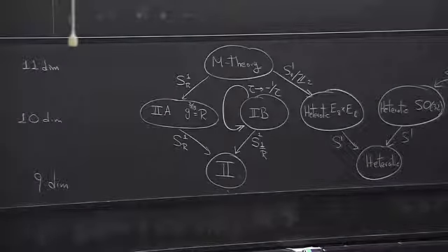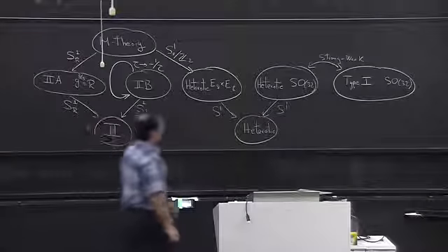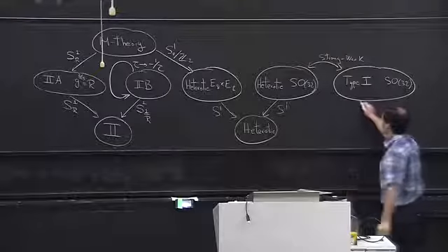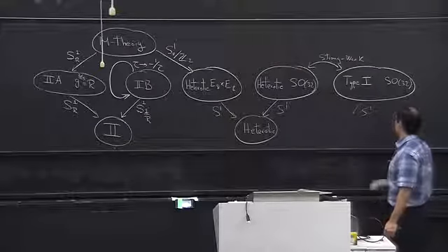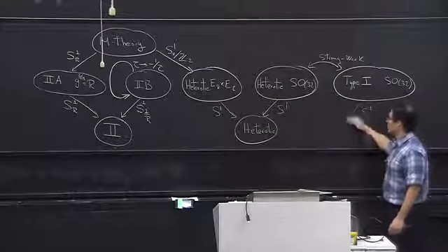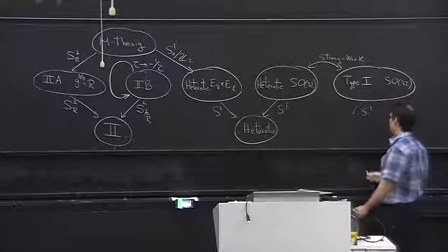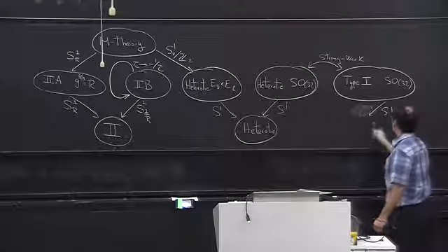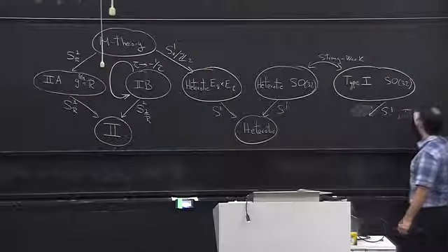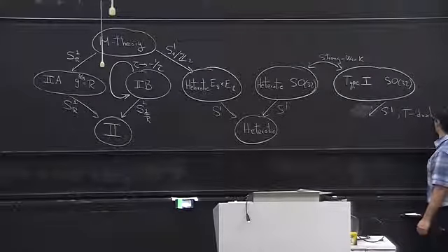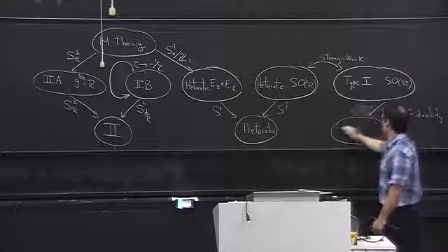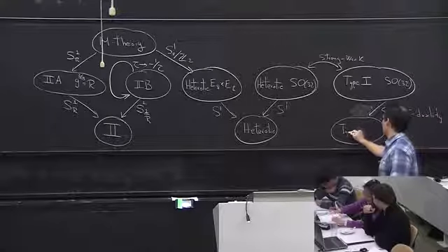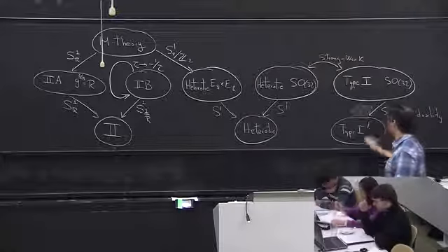So type 1 is connected to the bottom ones, or? Well, yes, if you compactify this on an S1 and then perform T-duality, you land on something else that is called type 1 prime.